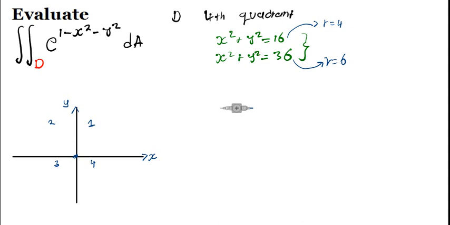I'm just going to set it to some random length, then draw this as my 4, from there to there, like that. Then I'll extend this to make a 6.